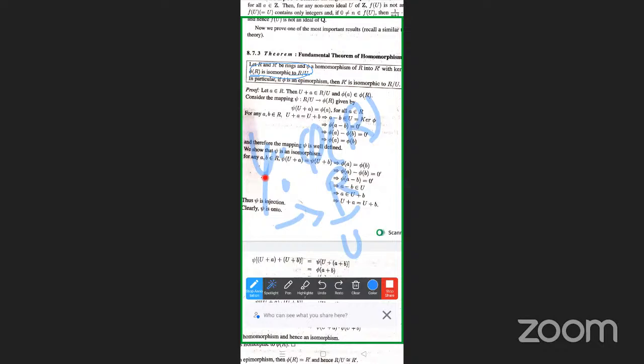ψ is an isomorphism means it satisfies the 1-1 condition, the onto condition, and the homomorphism condition. So ψ is a function from R/U to π(R), where R/U is the domain and π(R) is the codomain.